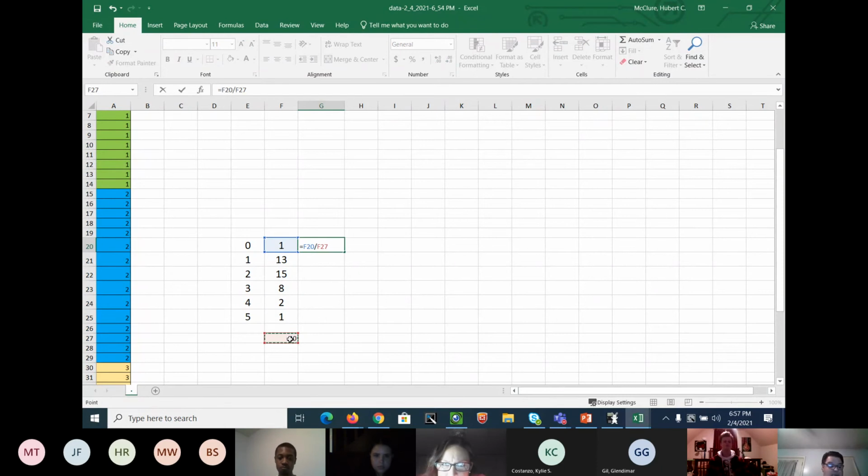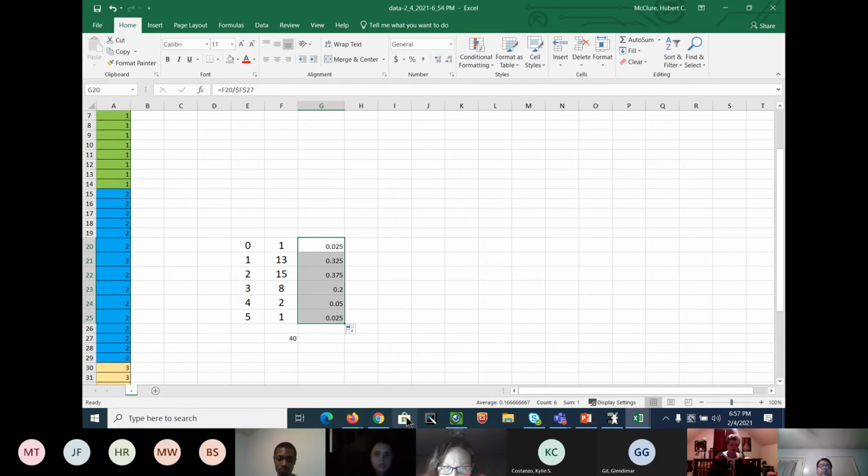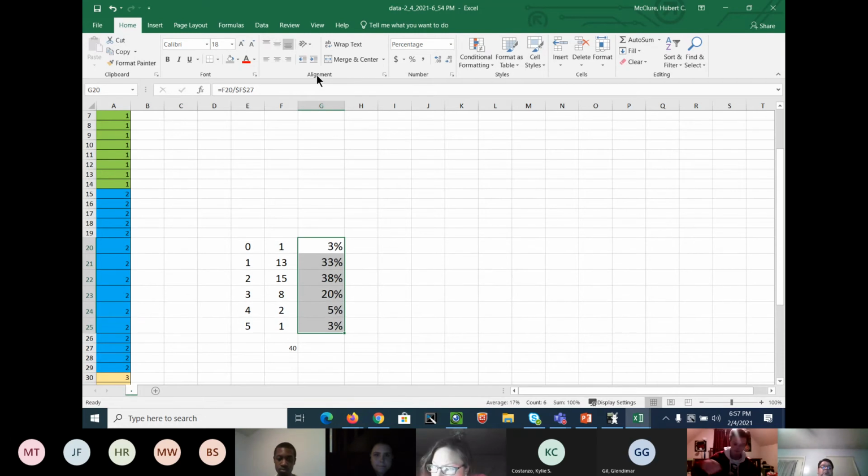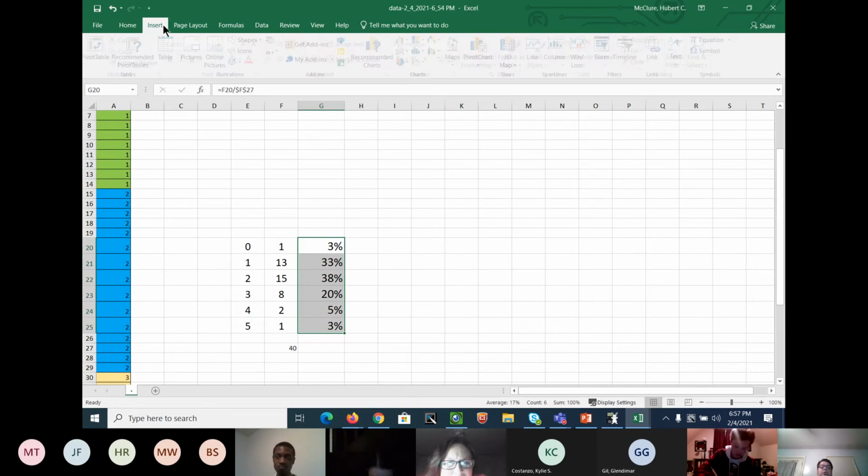0.025. Hold on a second. And enter and copy it down. And there you go. And hit percent. Y'all check y'all's numbers. And I'm going to draw, I don't know what it's going to ask for, but I'm going to go ahead and insert and draw.